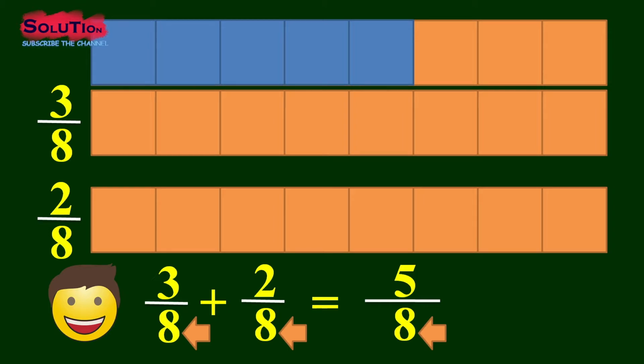So if the denominator is same, then in the answer also we will be writing 8 directly. And in the numerator we have 3 and 2, so all we have to do is to add 3 and 2, and it will give me 5.